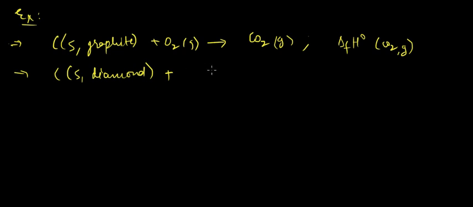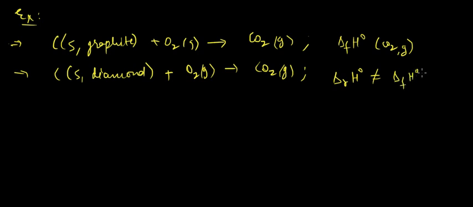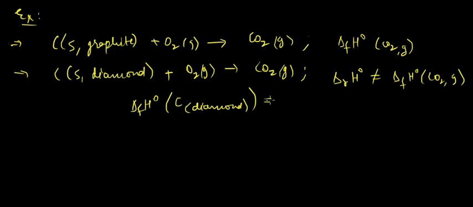But on the other hand, if we have carbon solid in diamond phase reacting with O2(g) and forming CO2(g), then delta RH naught for this reaction would not be equal to delta FH naught of CO2(g), because delta FH naught for diamond is not equal to 0.